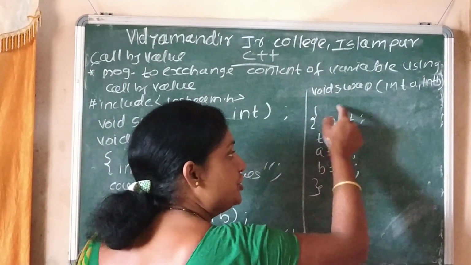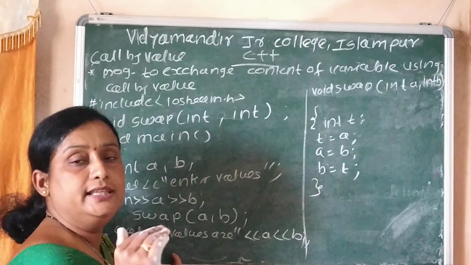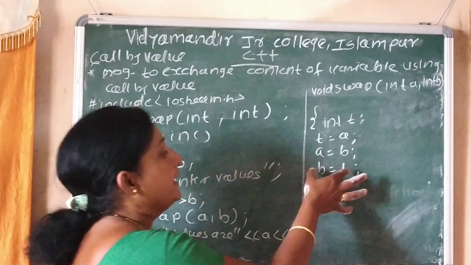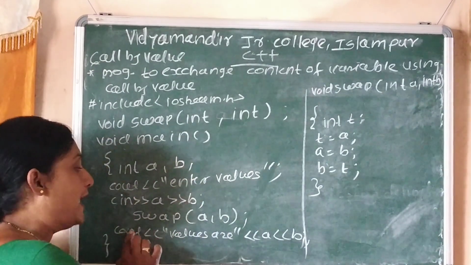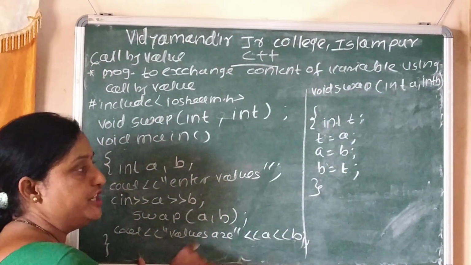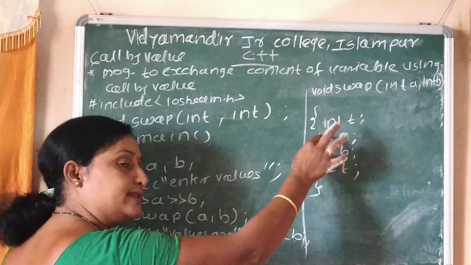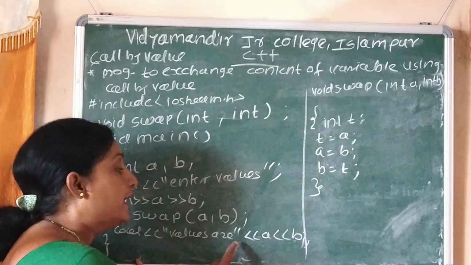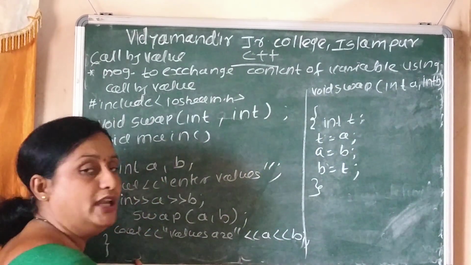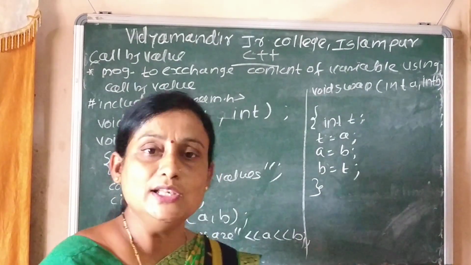The value may be changed or altered during program running. This changed value cannot be transferred back to the main function. Changed value here, value of a is b and b is a. This changed value cannot be transferred to the main function; that is called call by value.